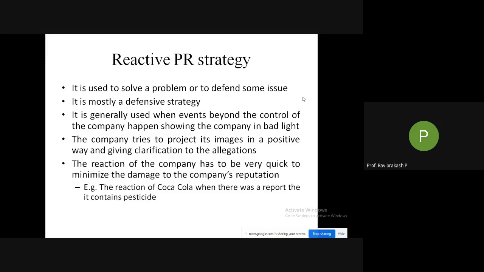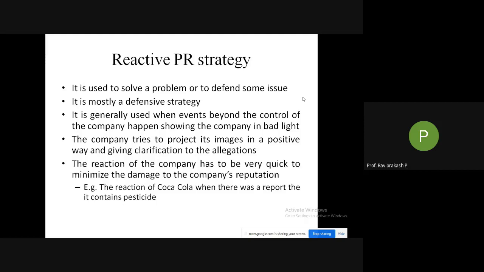So that is one of the problems faced by the company. There were allegations, and later on it was proved to a certain extent. Then they made particular changes, then it was released into the market. So this is what we are defending now. There are some allegations, we are reacting. So this is called reactive PR strategies.